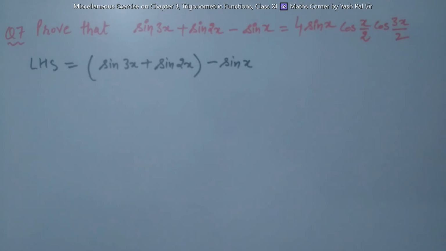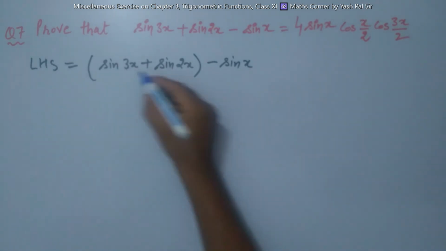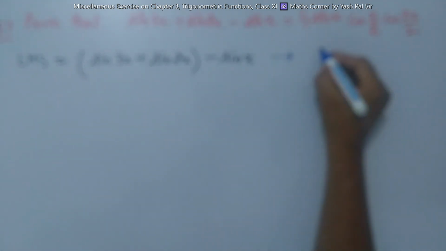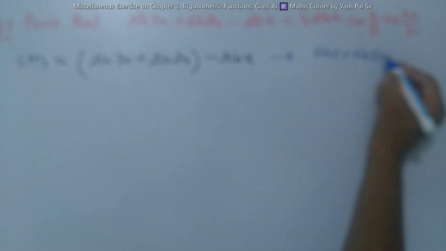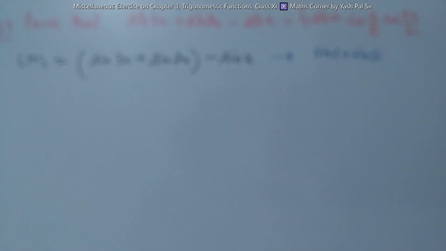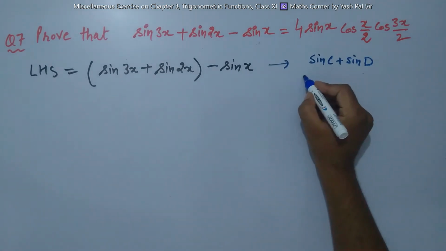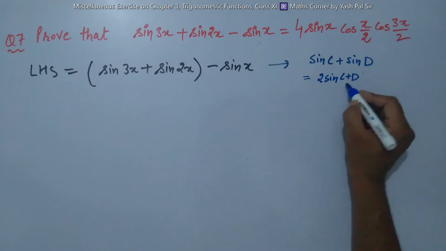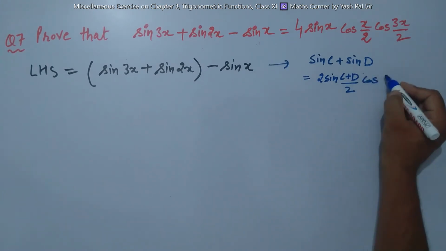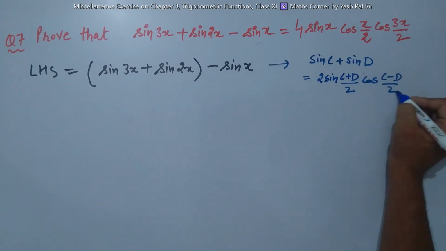So what we do now, we apply here the CD formula, sin c plus sin d, which is equal to 2 sin (c plus d)/2 into cos (c minus d)/2.